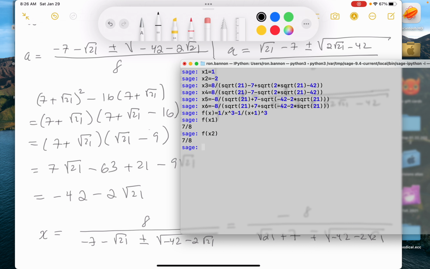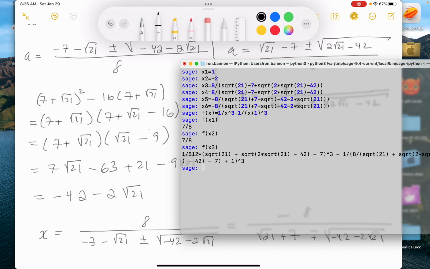Okay, there's a problem now. If I do f of x3, you notice that x3 is a very complicated number. It's right over here. I'm going to claim that f of x3 should give 7/8. I don't. I get something really crazy looking arithmetic over there.